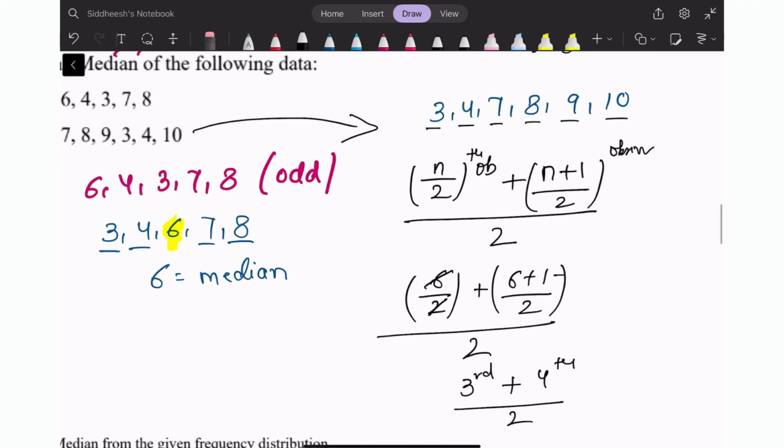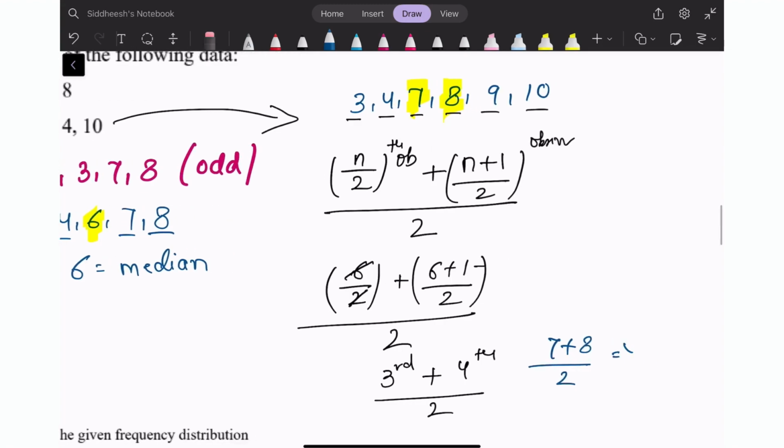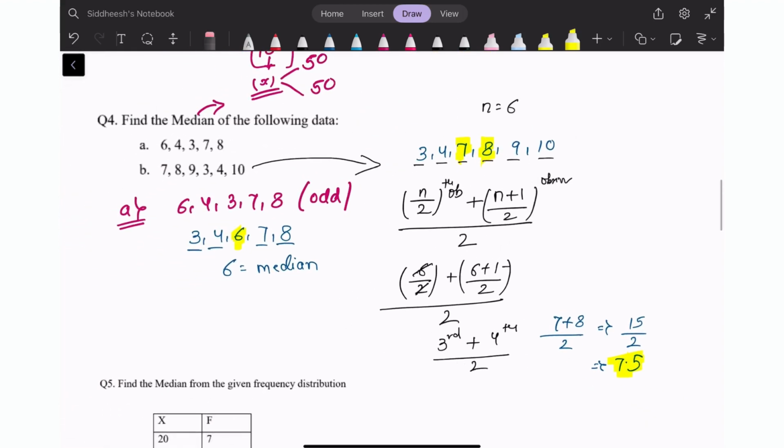Our third number is 7. What about our fourth observation? That is 8. So 7 plus 8 upon 2. That is how much? Anyone? 15 upon 2, that means 7.5. So this 7.5 is your median. I hope this part is clear till now.